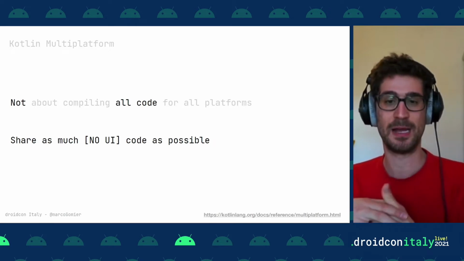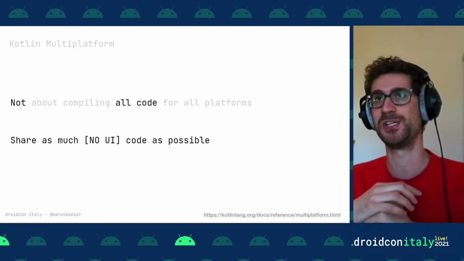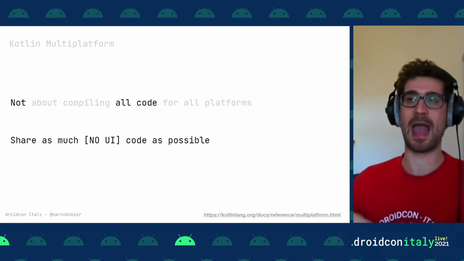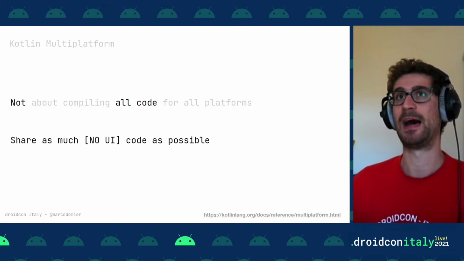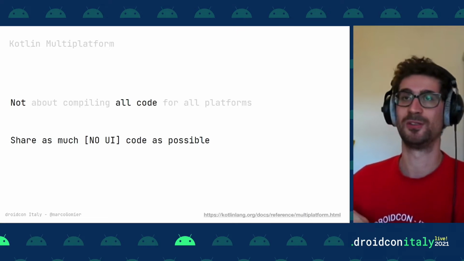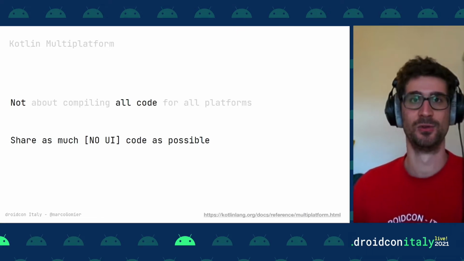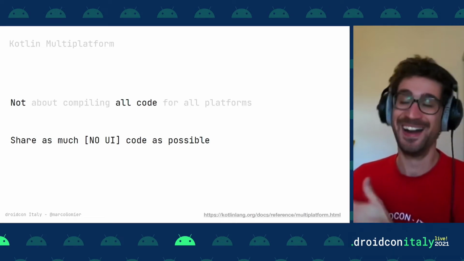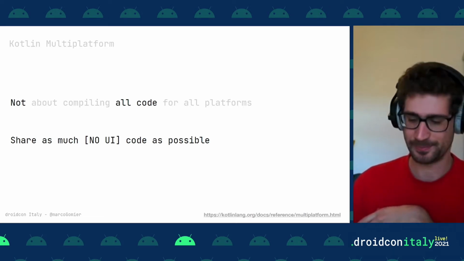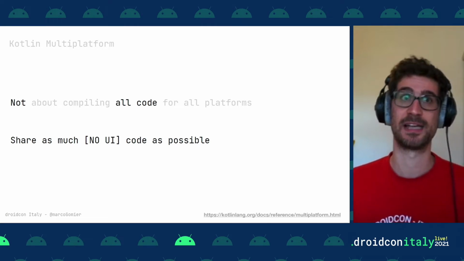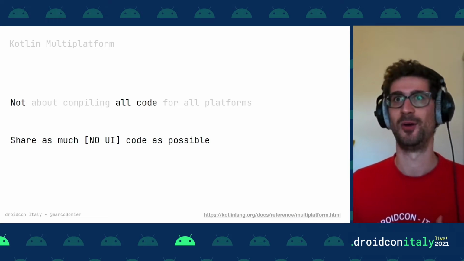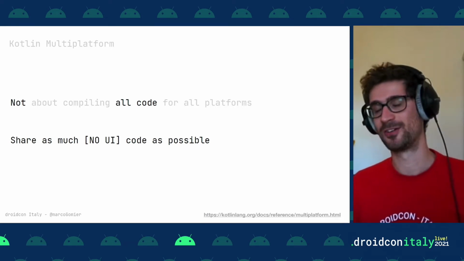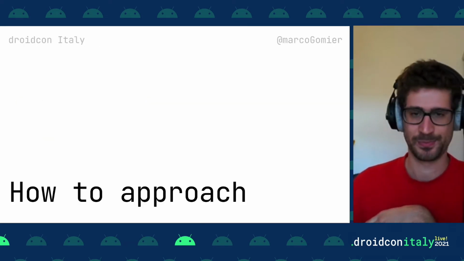So with Kotlin Multiplatform, we can share the entire business logic, everything that we want, but what we cannot share is code that is UI related, or really platform specific. And with this kind of thing, we can kind of delete the problems that classic cross-platform solutions bring.